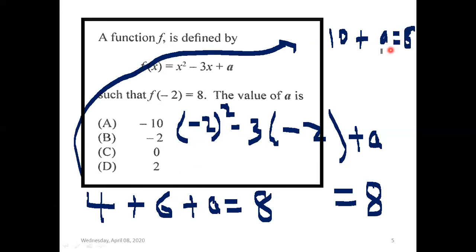And if you solve this, you're gonna get A equals 8 subtract 10, which is -2. So the answer there is actually B. Any questions? All right, moving on.